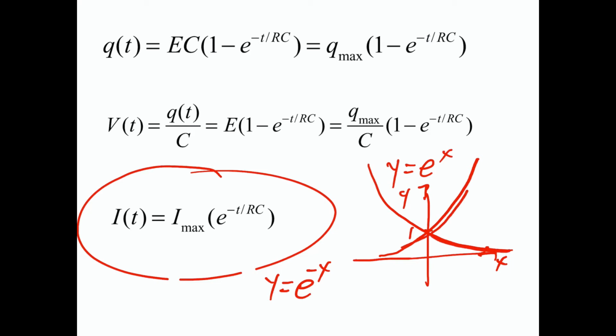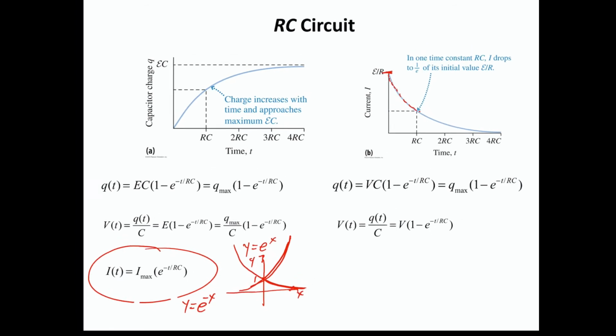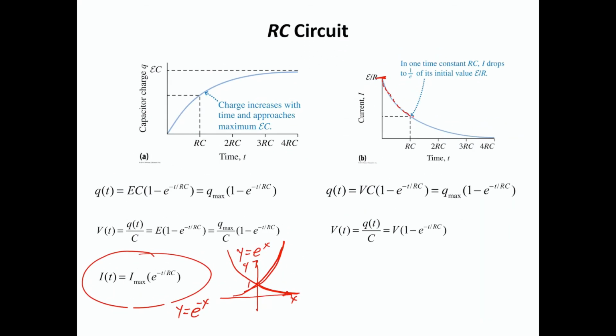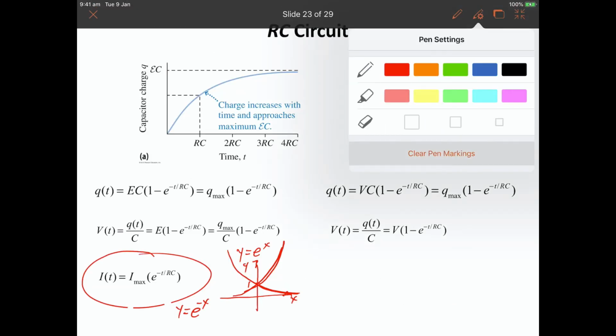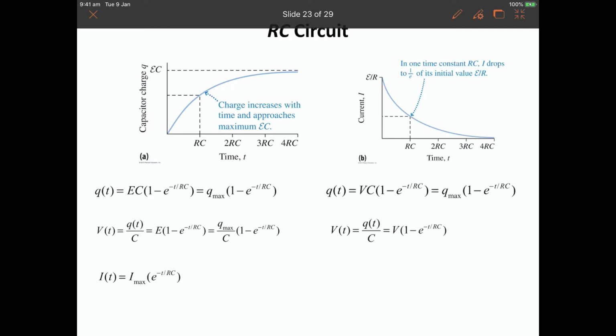So this is exponential decay, and this is exponential growth. Now there's another important graph, which we call exponential charge up, or approach to a constant.